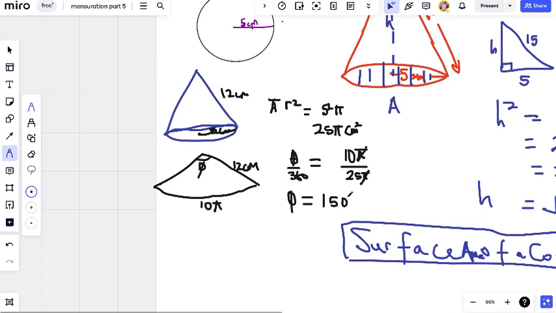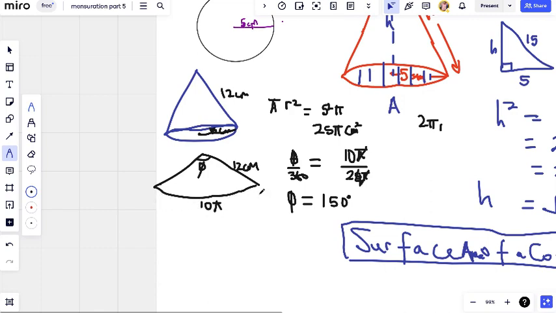Another way you can find the angle, you may not just follow this shortcut. Another way is to use the arc length. You say theta or phi over 360 times 2 pi r. Okay, this one is 24, not 25. Maybe I'm making it clumsy for you guys, so let me do it out.